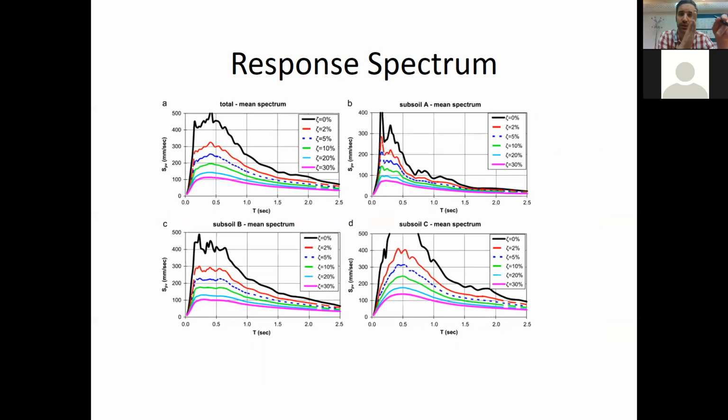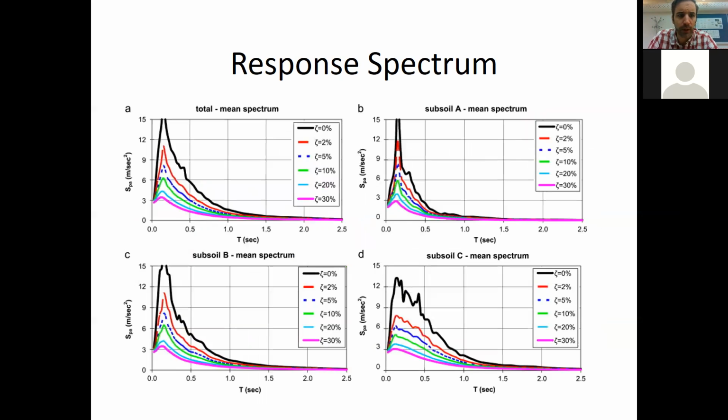So as your structure shakes, it has some maximum displacement, but it also has some maximum speed at some point. And you can also plot that spectrum, the spectrum of speed versus the period. And you can also plot the acceleration. This is the spectrum of a maximum acceleration versus the period of the structure, okay?